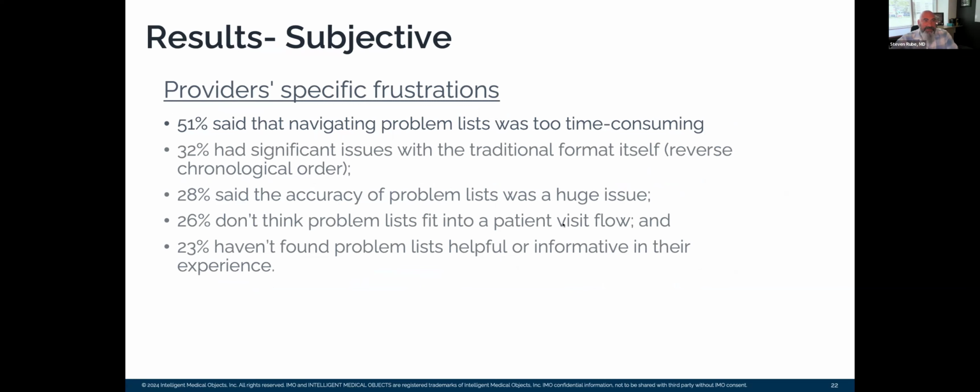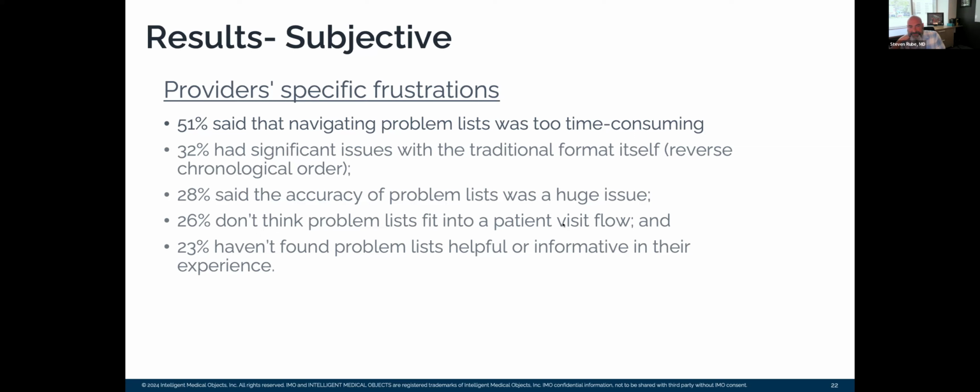In the subjective, what we were able to find is that there were some interesting specific frustrations with problem lists. Over half said that just navigating problem lists was too time consuming. The traditional format, the reverse chronologic order, was not beneficial, although it sounds like it should be. We all know that we don't always know when a disease started.